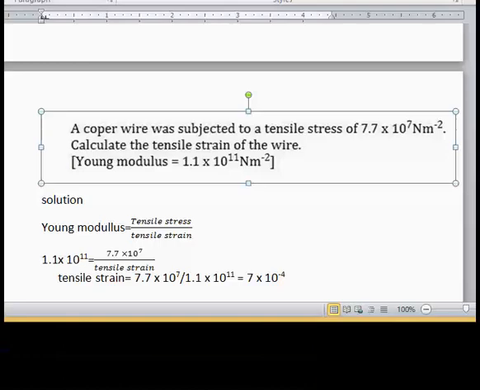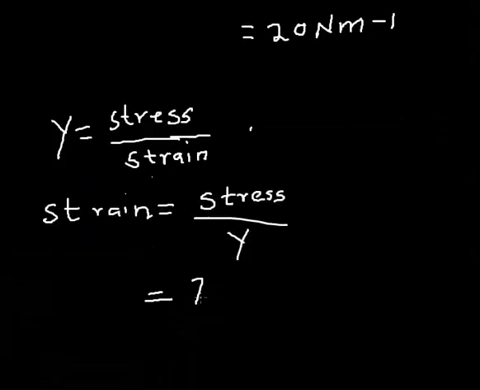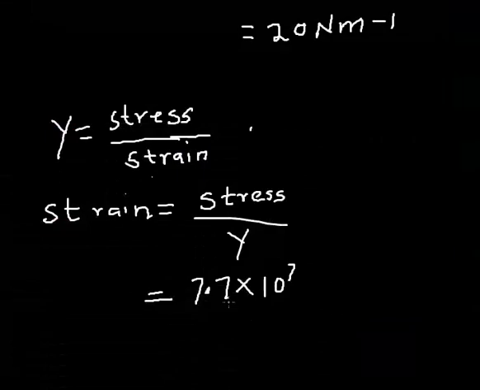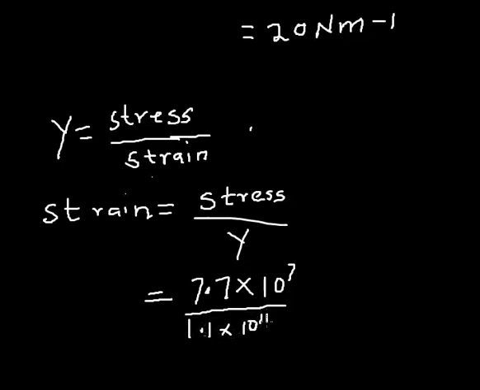So now let's do this. What's my stress? My stress is 7.7 times 10 raised to the power 7. Then my Young modulus is 1.1 times 10 raised to the power 11. If we do 7.7 divided by 1.1, that will give us 7.